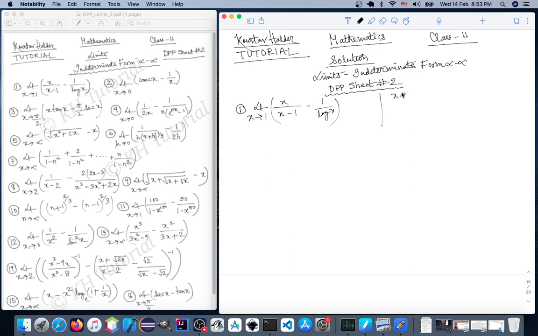So when x tends to 1, x minus 1 tends to 0. This implies x by x minus 1 tends to 1 by 0, which tends to infinity. And log x tends to log 1, which tends to 0.